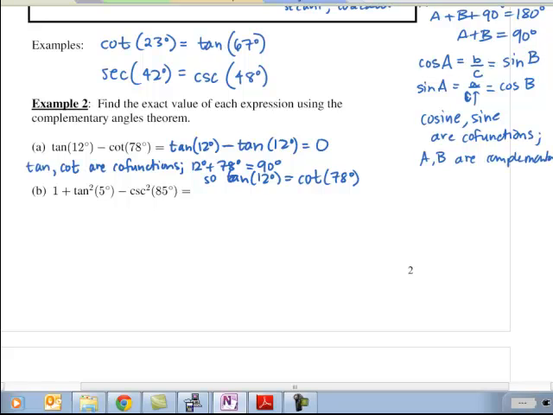All right, so here, this isn't quite the same, right? Because tangent and cosecant aren't cofunctions. Tangent and cotangent are cofunctions, but tangent and cosecant aren't. But you can notice here we've got some things that are squared and added together. We want to think about the Pythagorean identities.